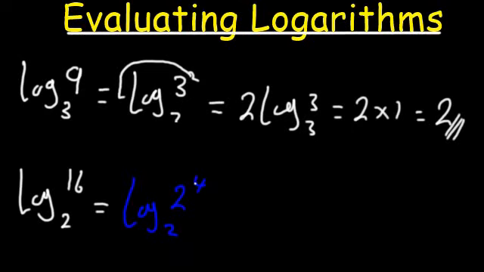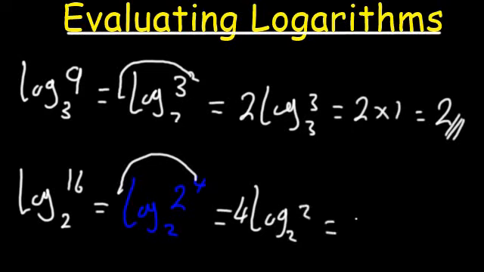Just like what we did earlier, we are allowed to bring the 4 to the front of the logarithm such that we maintain the general form of the logarithm expression. So this simply equals 4 times 1, which is indeed equal to 4. So that is how to easily and mentally evaluate logarithms.